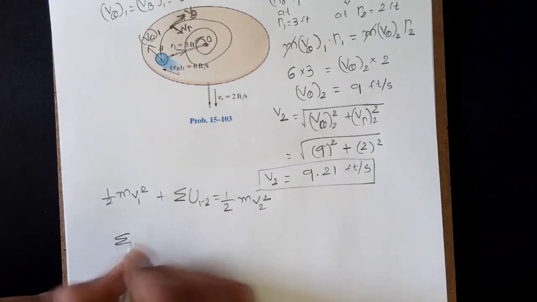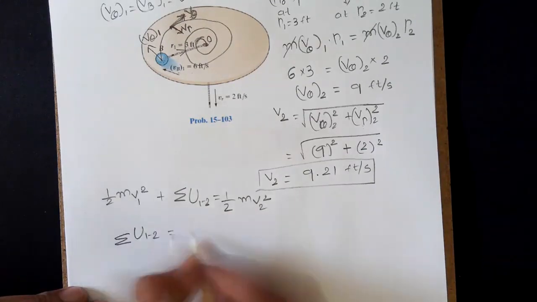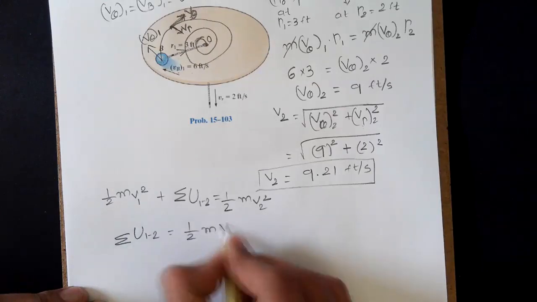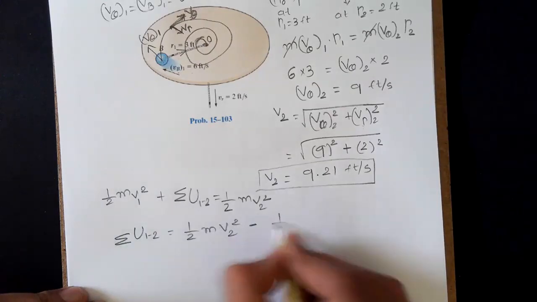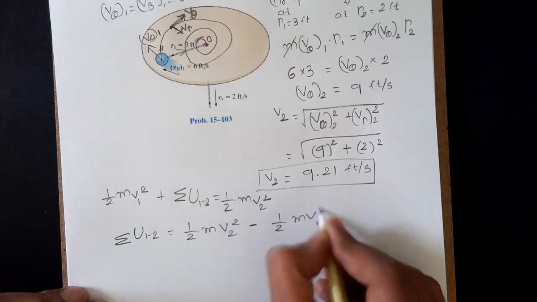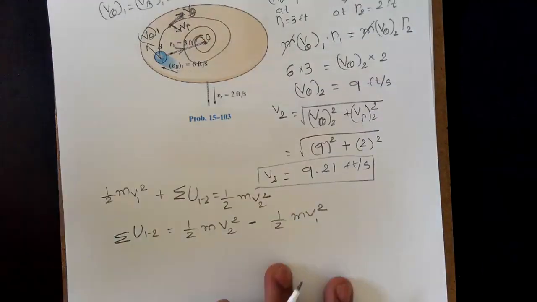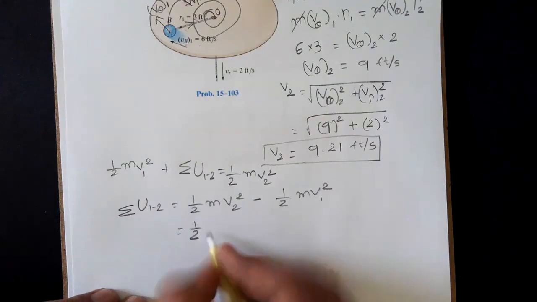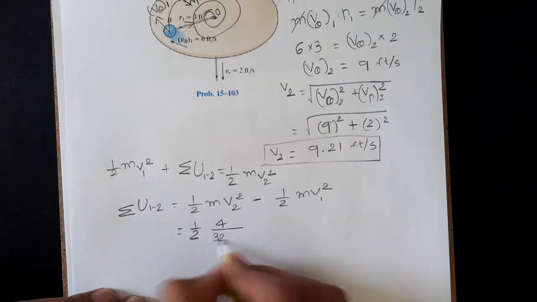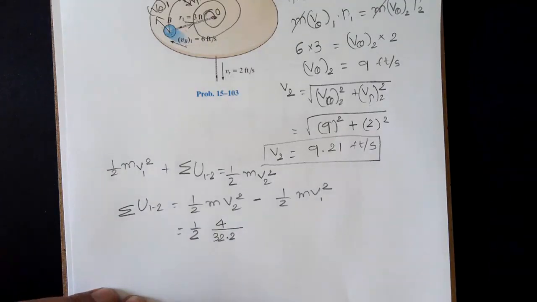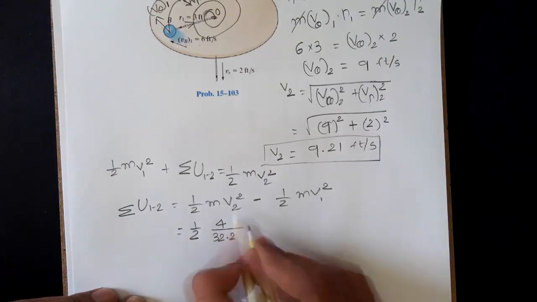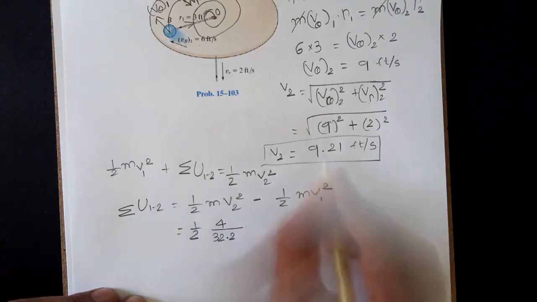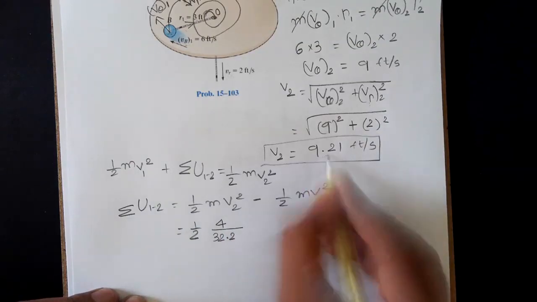So now work done is equal to final kinetic energy minus initial kinetic energy. At this point, be careful that the 4 pound we need to convert into slugs by dividing it with 32.2. This is the final velocity v2, we have just calculated that number here, which is 9.21.